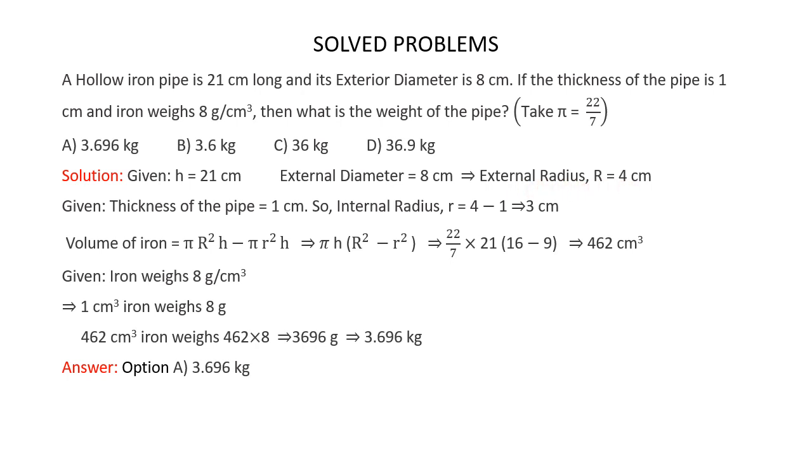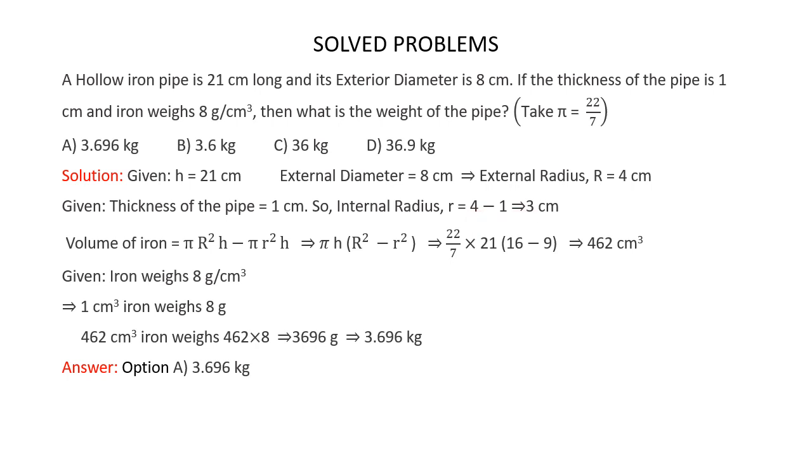Now, it's given that thickness of the pipe is 1 centimeter, which means internal radius would be equal to the external radius minus the thickness of the pipe. So internal radius r is equal to 4 minus 1, which is 3 centimeters. So now we know external radius R is 4 centimeters, internal radius r is 3 centimeters.